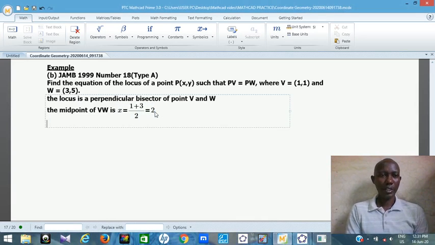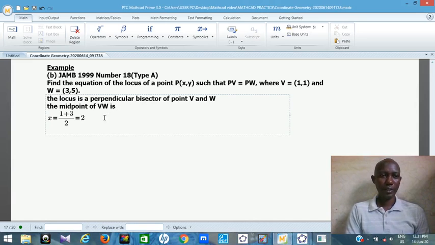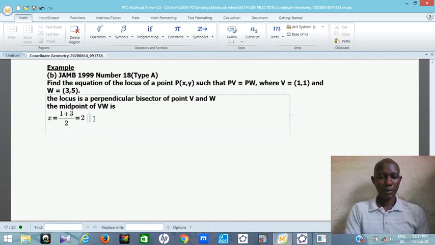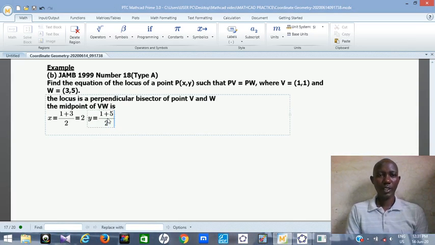So if you leave that one, then for the coordinate of y, we bring this down. y is going to be equal to y1, which is 1, plus y2, which is 5, divided by 2. 1 plus 5 is 6, and 6 divided by 2 is 3.